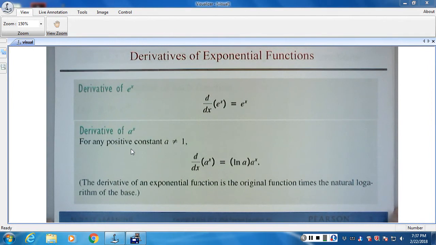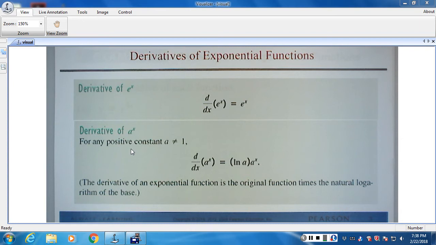Okay, the first thing we're going to talk about is derivatives of exponential functions. There are two kinds of exponential functions. Both of these kinds of functions are numbers, constants, and the variable is the power.